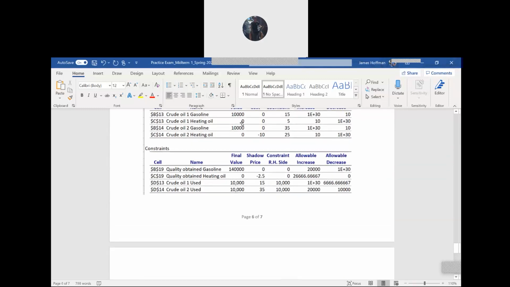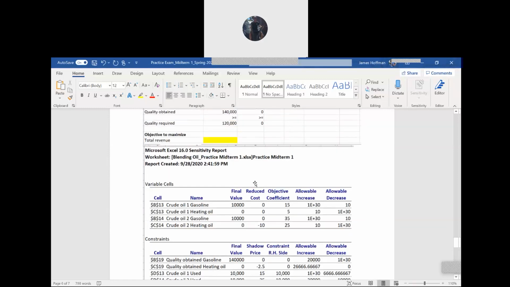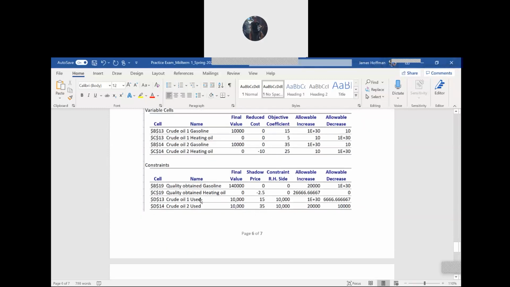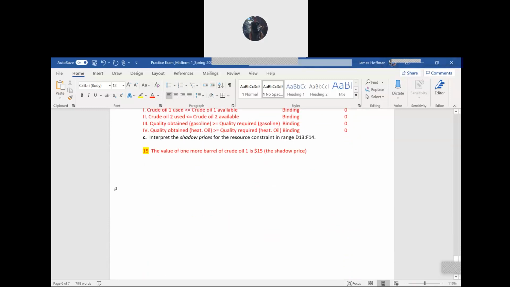Okay, and for the other one, the 35, this is the value of one more barrel of crude oil 2. Okay, $35, because if we get another, that's the increase or the boost in revenue. Crude oil 2, $35.